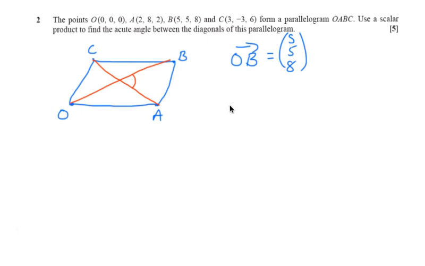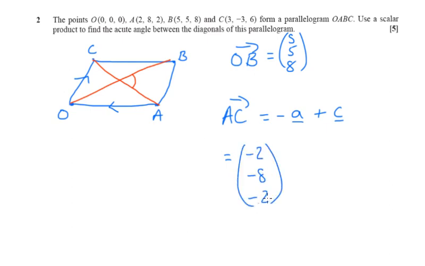A to C is we're gonna have to go back towards O and then up to C. So that's going to be minus A plus C. So we're going to do minus 2, minus 8, minus 2, plus C's vector, which is 3, minus 3, 6. And that comes out at 1, minus 11, 4.